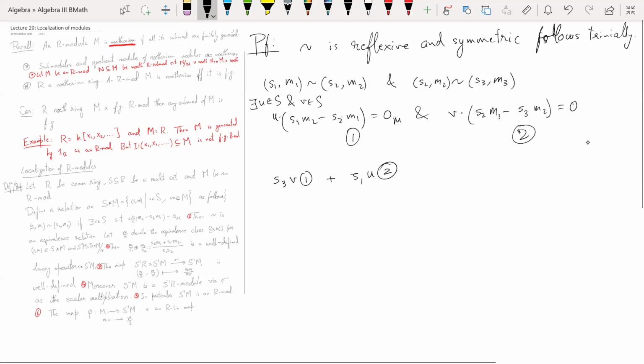I'm pretty sure it's the same thing which we did for rings. So S1U for the second one. Now if you add, then hopefully it will get cancelled out.